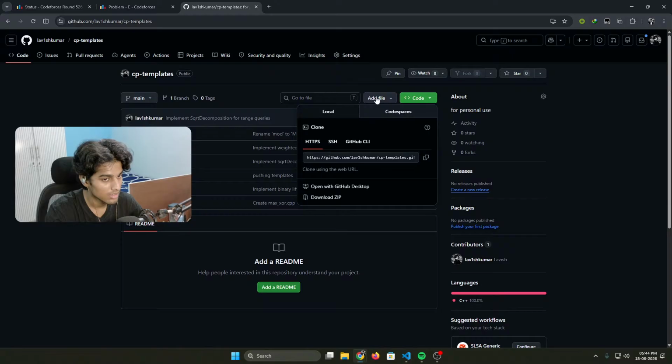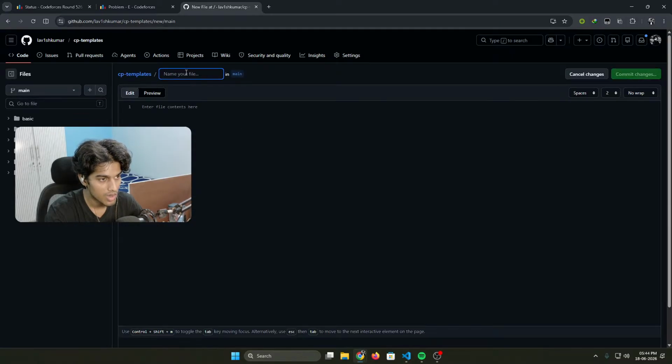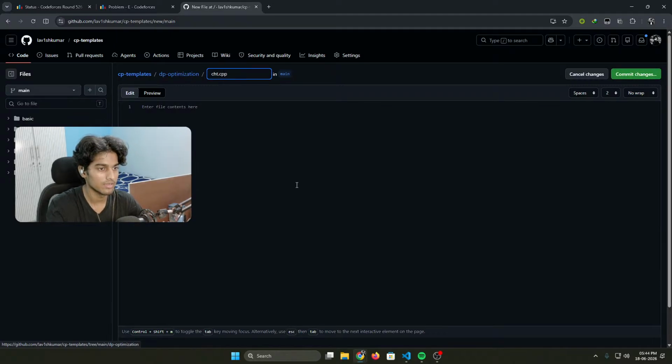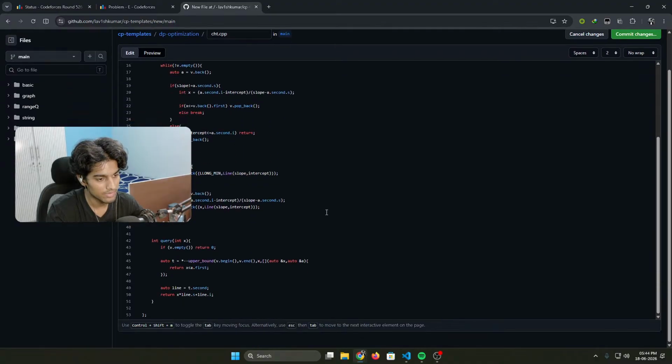Let's create a new file and let's name it DP optimization. Let's name it like CST.cpp. Okay, there we go. We have a line, we have this whole thing.